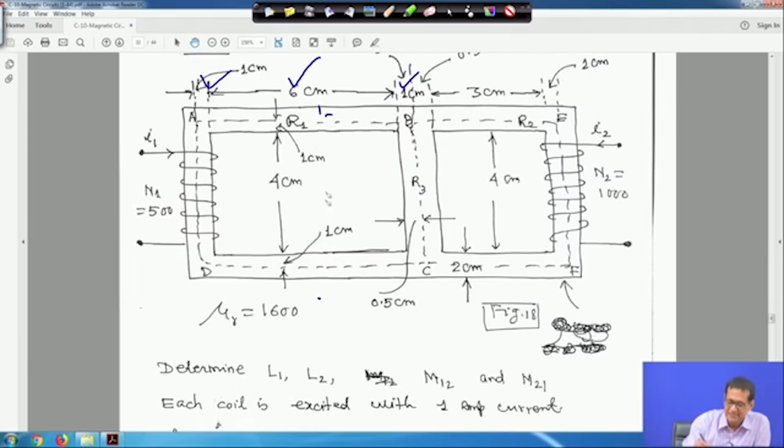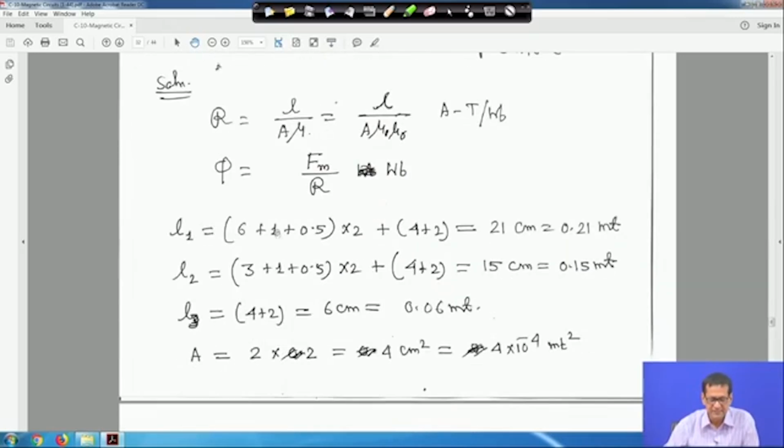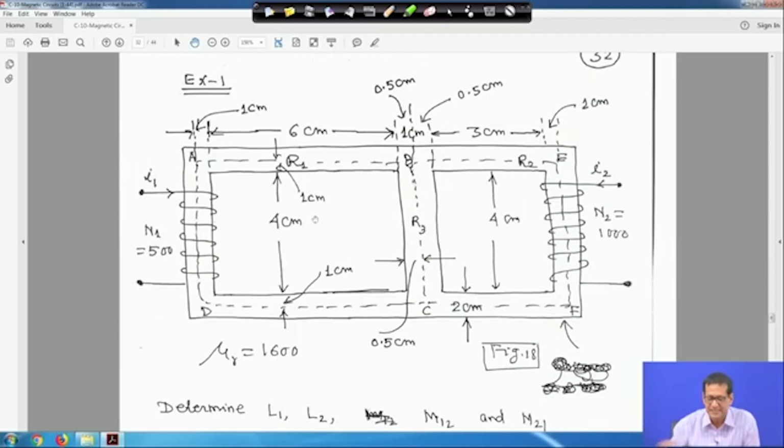This side it is 4, from here to here it is 6, and here it is 1, here it is 1. So 6 plus 2 into 2. So L1 is equal to 6 plus 1 plus 0.5 into 2. This side is 6, this side is 1, this side actually is 0.5, this gap is actually 0.5.